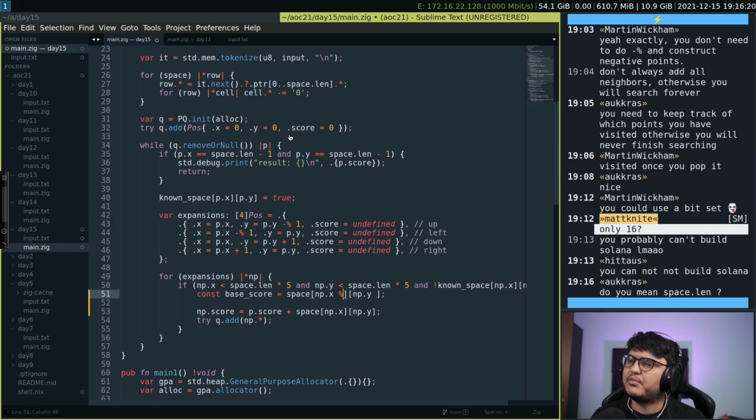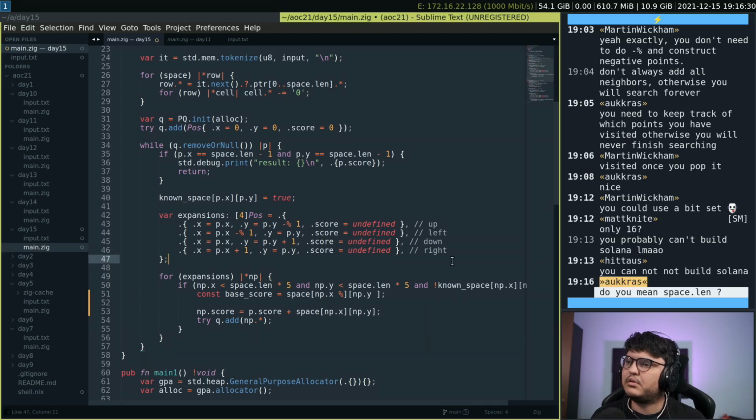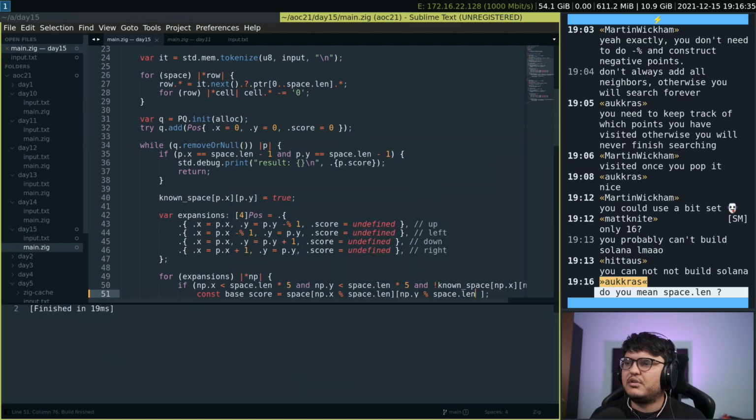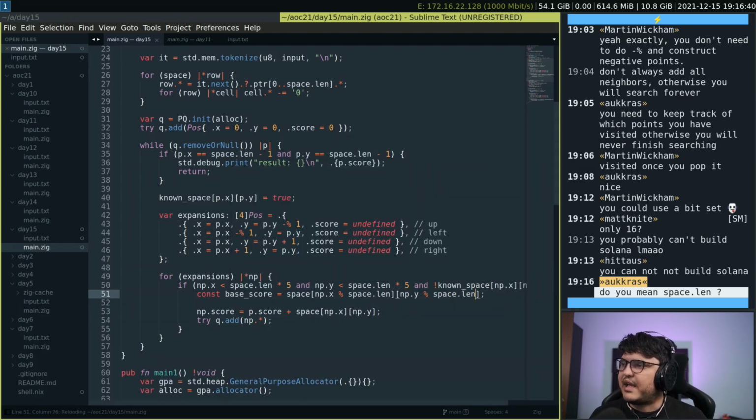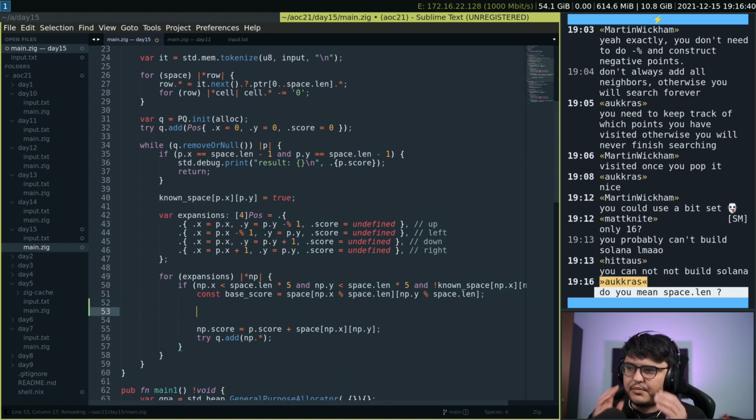Oh, no, you're right. It's modulo space.len. Yeah, I'm super dumb. Yes, that's definitely it. Yeah, my brain is melting, as I was saying. Okay, so this gives me the original score.